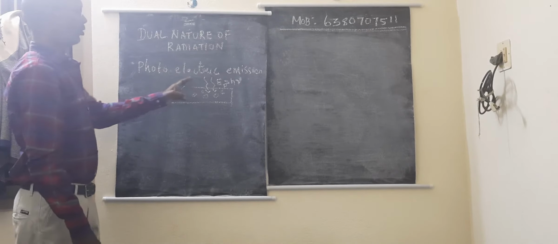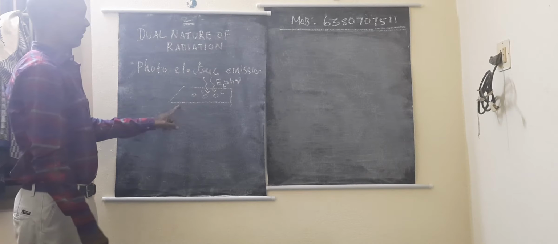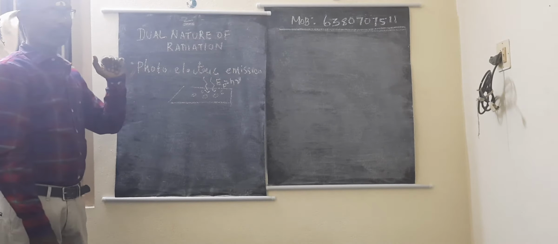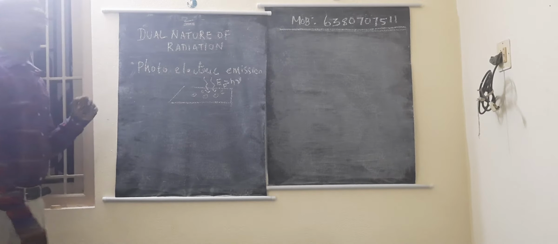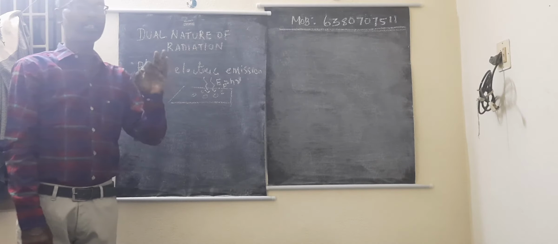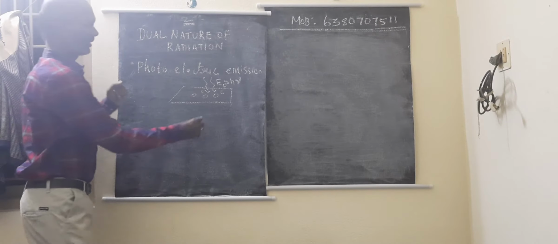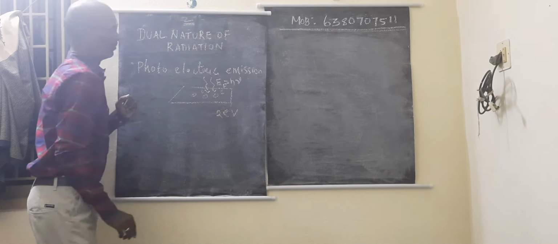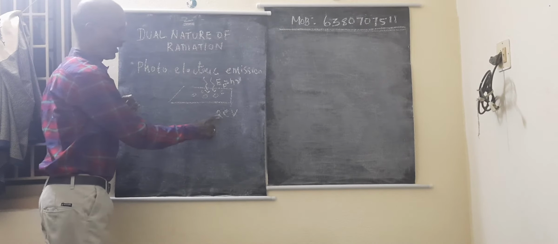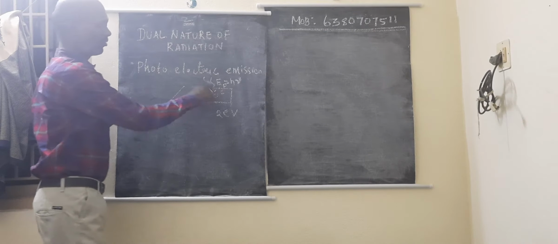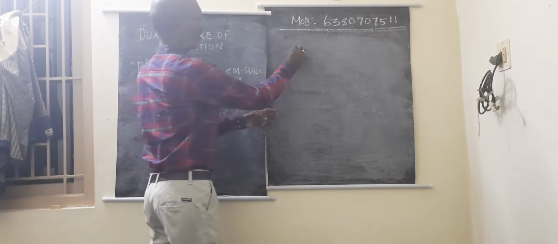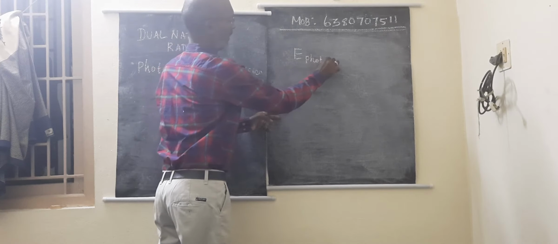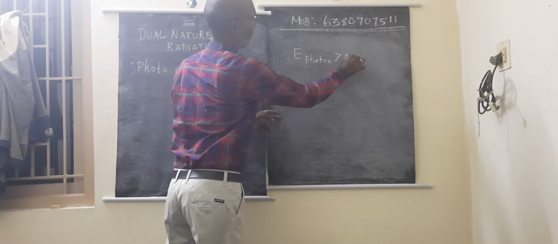Okay, photoelectric emission. Consider a plate. It has a large number of atoms. The outermost electron in that atom, suppose its energy is 2 electron volt. To remove that, we have to supply a photon with energy greater than 2 electron volt.